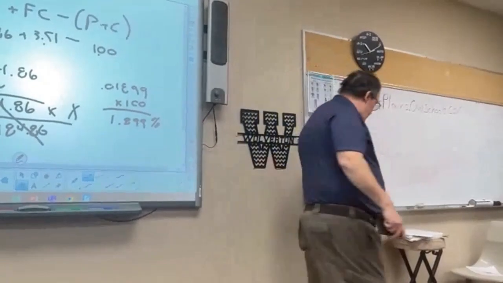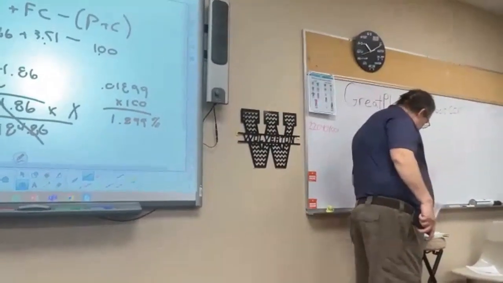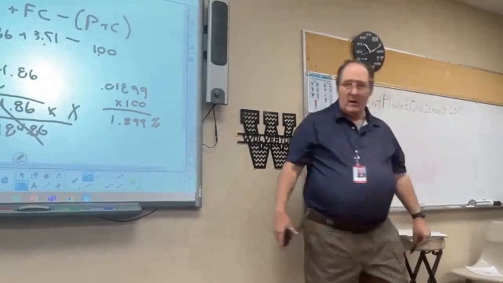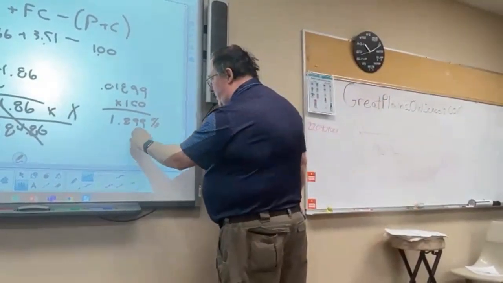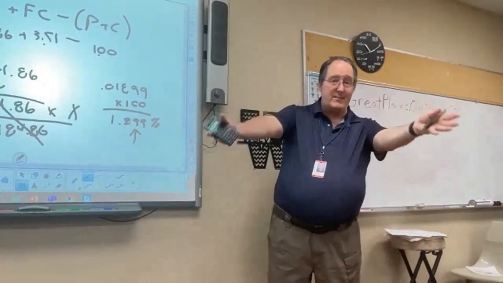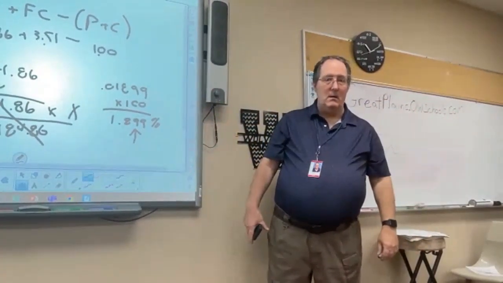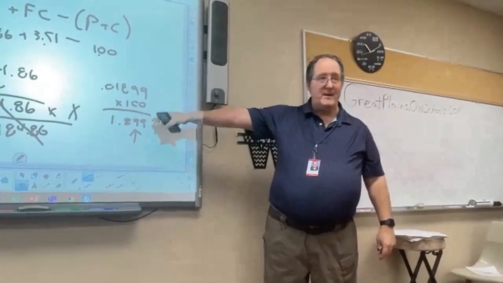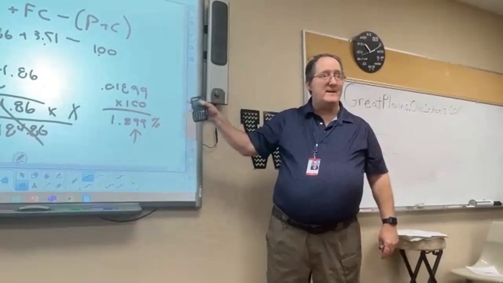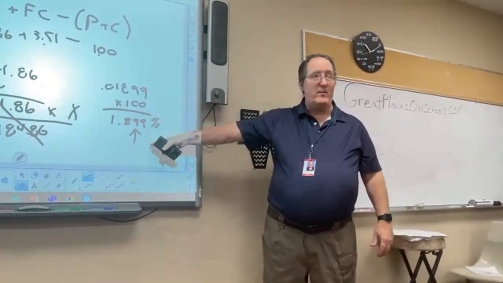Especially considering the question says to the nearest tenth of a percent. So technically speaking, 1.9 is acceptable, okay? I'll even accept that, but it's got to be no less than 1.9. If you put 2, it's kind of wrong. 1.9 is acceptable because it's going to round to that anyway.